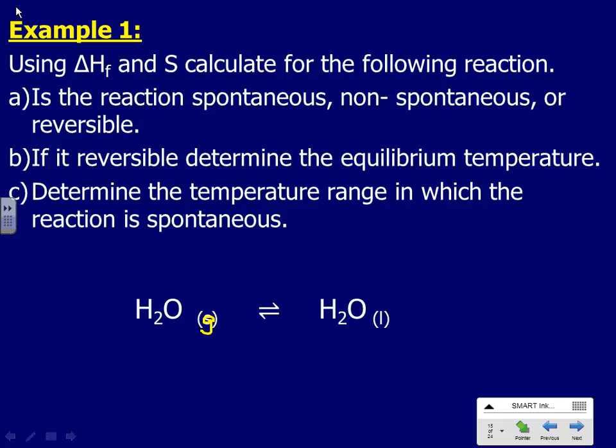For a spontaneous reaction, we need negative for the delta G, right? Make sense? For a spontaneous reaction, we need delta G to be negative.